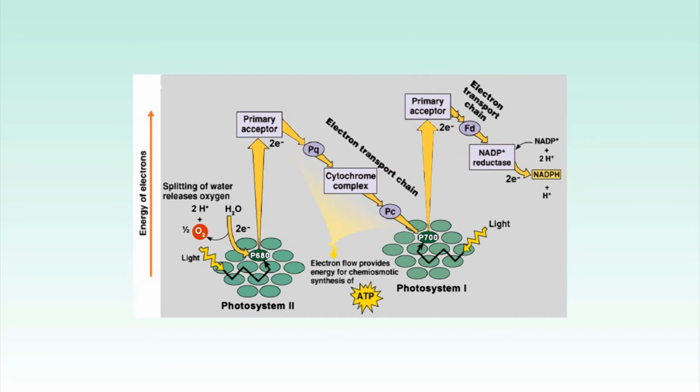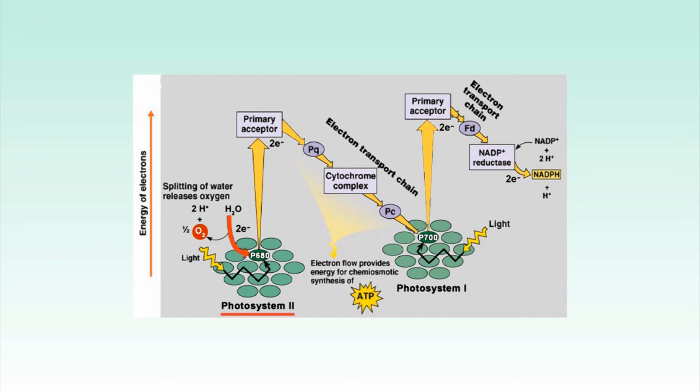Because two photosystems called photosystem 1 and 2 are used in a series to energize an electron, the electron can be transferred all the way from water to NADPH. As the high-energy electrons pass through the coupled photosystems to generate NADPH, some of their energy is siphoned off for ATP synthesis.